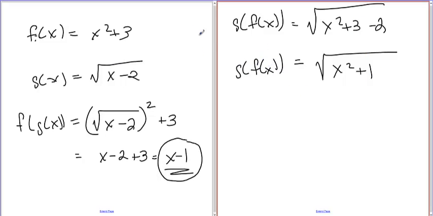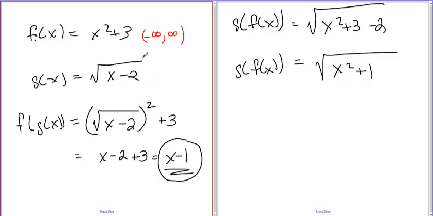Now, when it comes down to the domain, this is all real numbers. So I'm going to just do it in this notation. So that's all real numbers, however you said it. Here, x has to be greater than or equal to 2, because if x is less than 2, the argument of the square root function is going to be negative. And you can't do that. So those are the domains for the two original functions.